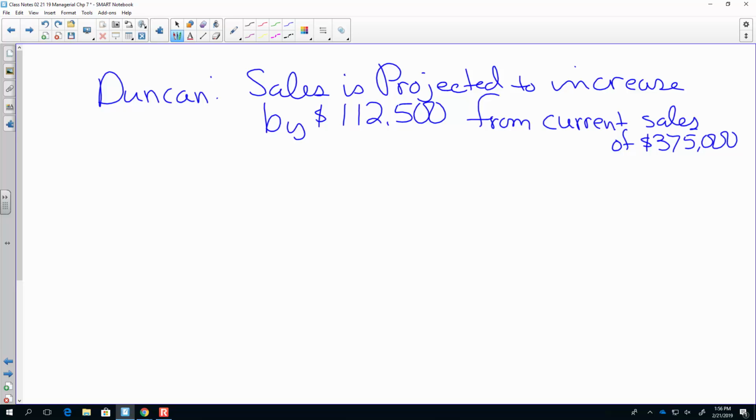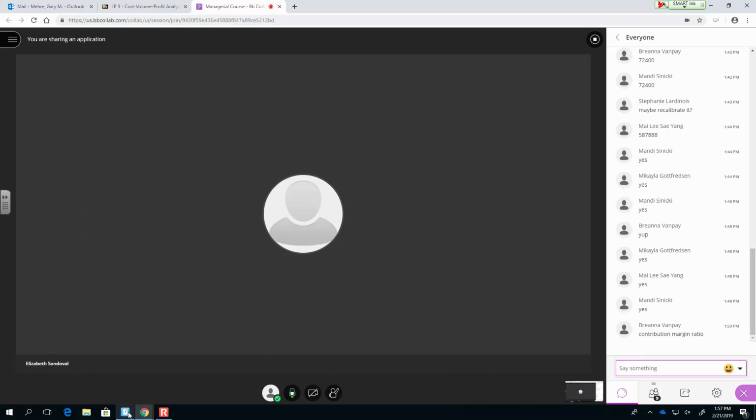My first question to you is, what is the percentage increase of sales? How do I compute that percentage of increase? Think of accounting applications and procedures back in your semester 1. How do you compute your percentage of increase using those two numbers? Guys at home, how do I do this?